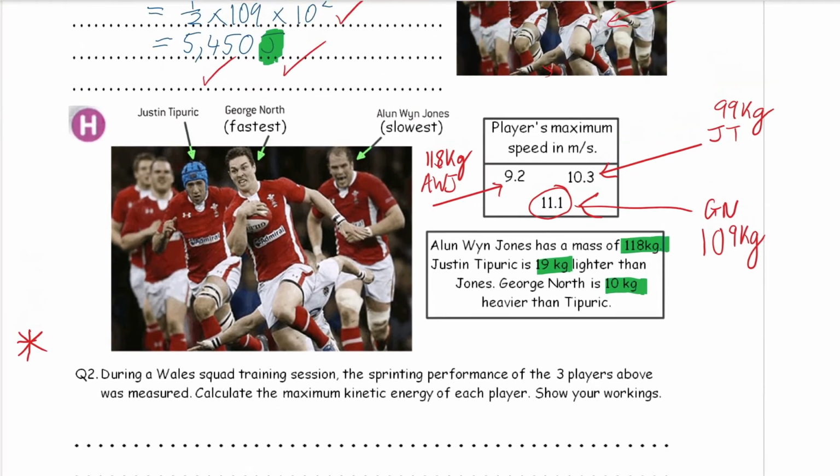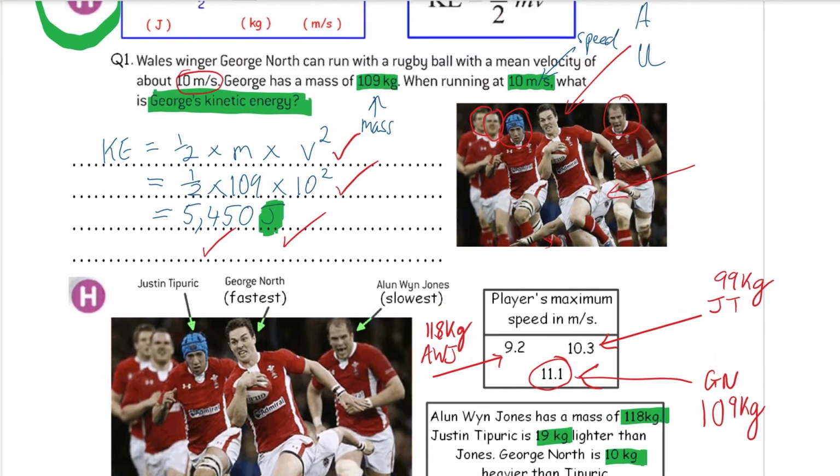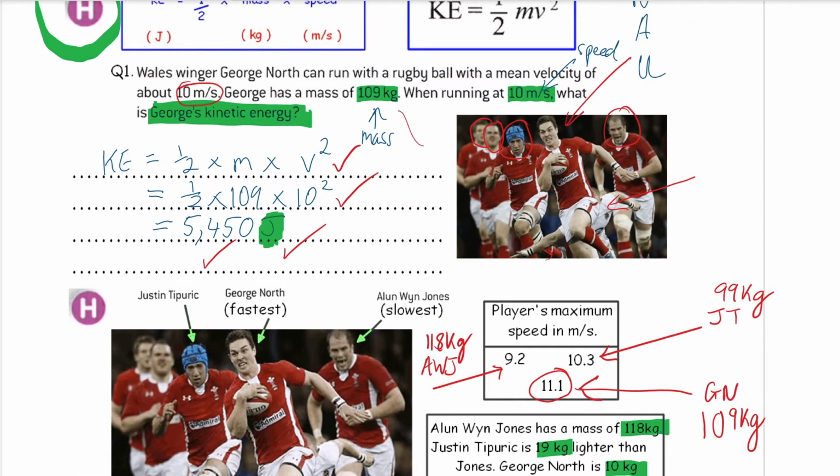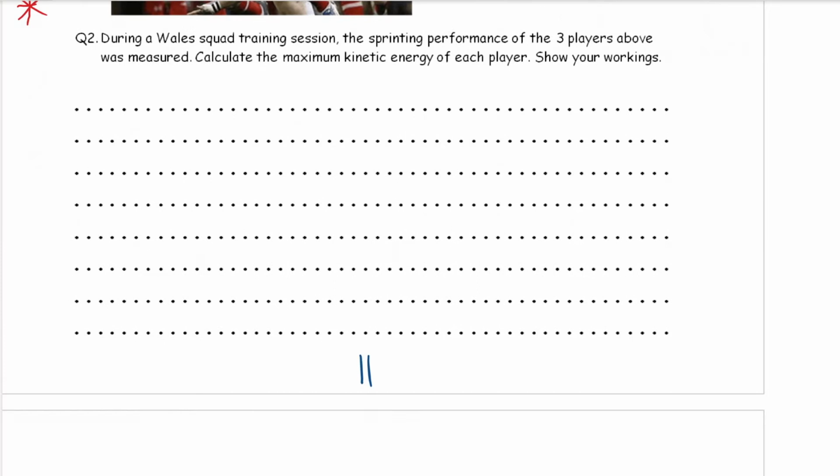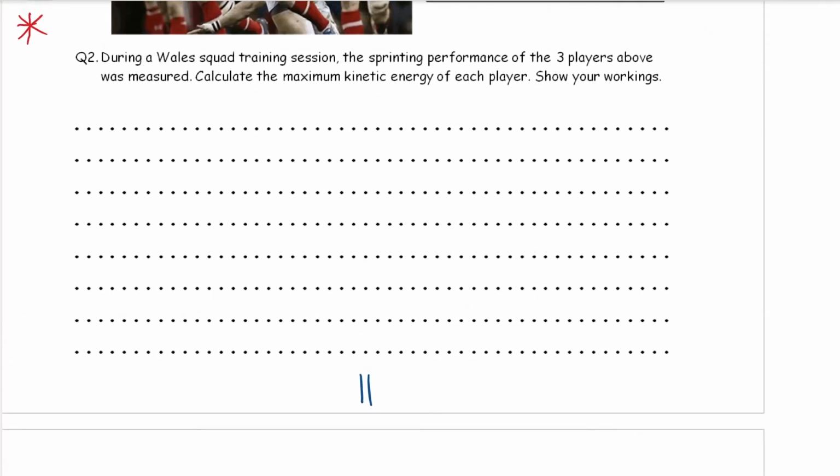Let's just check. Yeah, it's the same mass there, look, 109 kilograms as is shown there. Okay, so pause the video now then, please, and answer question 2. You need three answers. One for Alan Wynne-Jones, one for Justin Tipperick, and one for George North.